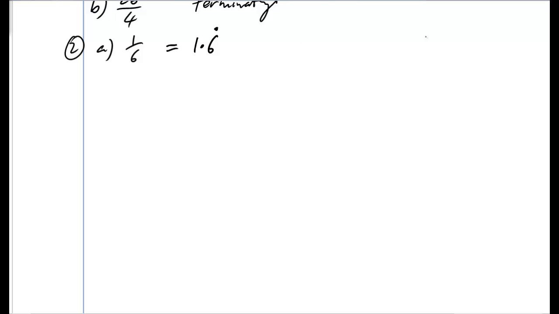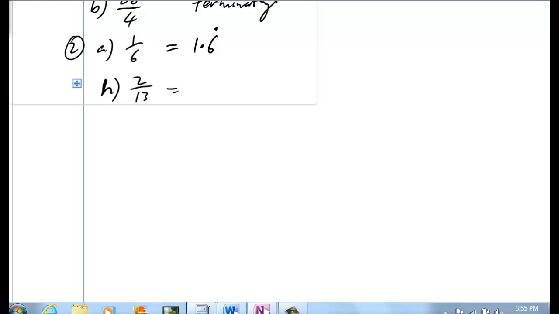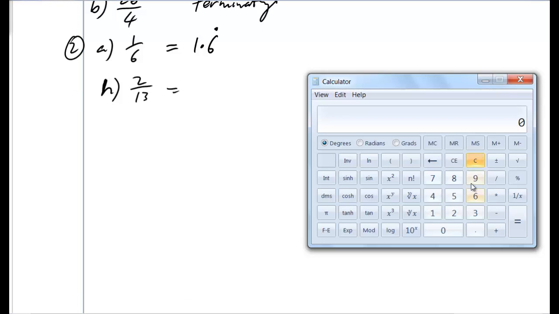Let's have a look at, say, H for number 2. Hang on, we've lost the pen again. H for number 2, that's 2 over 13 equals, so you get your calculator, 2 divided by 13. All right, what's the repeating pattern here? 0.153, see that 153 there? The 53 is coming up.